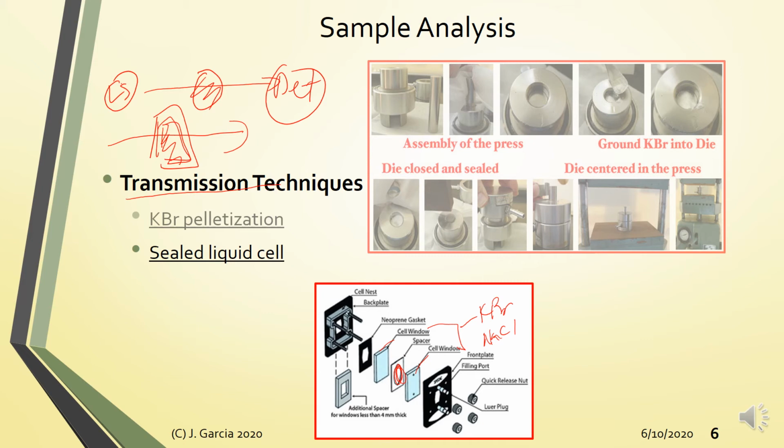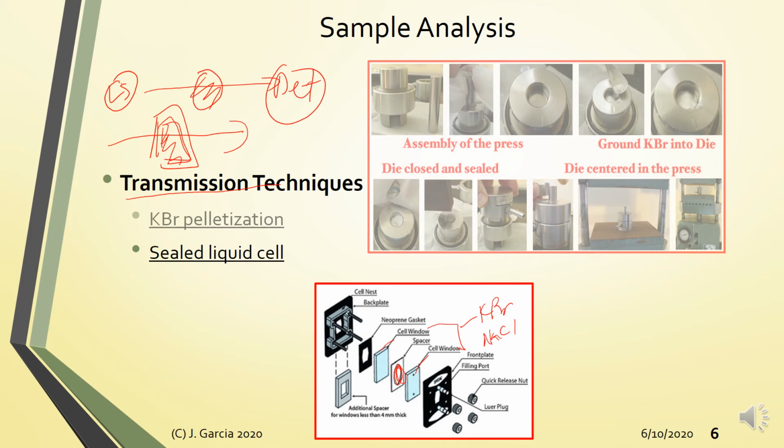Ang trick lang is kailangan yung organic solvent mo is medyo invisible towards IR radiation. Kung ito medyo invisible, hindi ba ibig sabihin completely walang peaks? Usually meron siyang isa o dalawang peak na hindi nag-overlap ideally doon sa IR spectra ng analyte mong naka-dissolve or naka-dispersed doon sa solvent na yun.